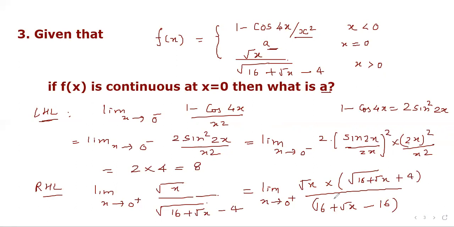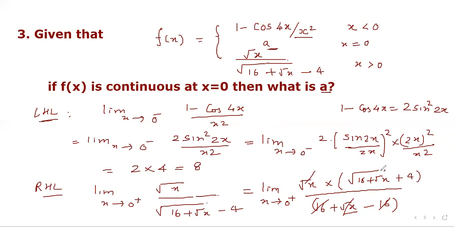So 16 will cancel out, root x will be left, and that will cancel this root x.